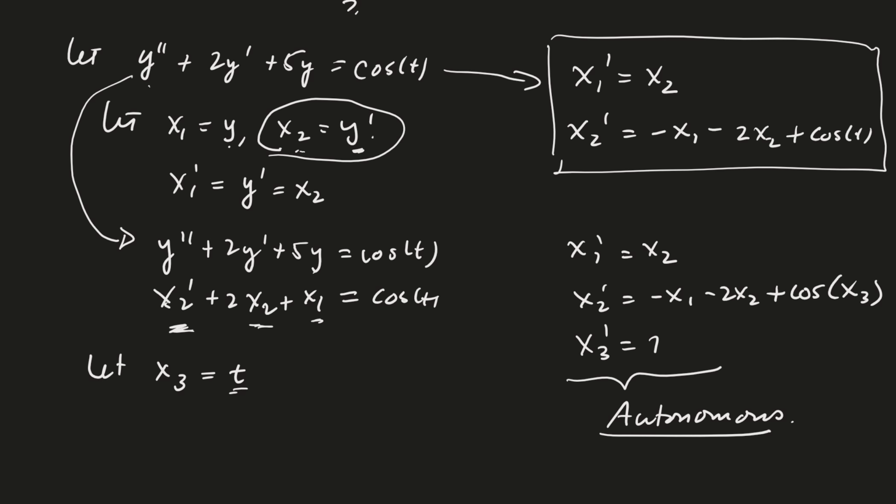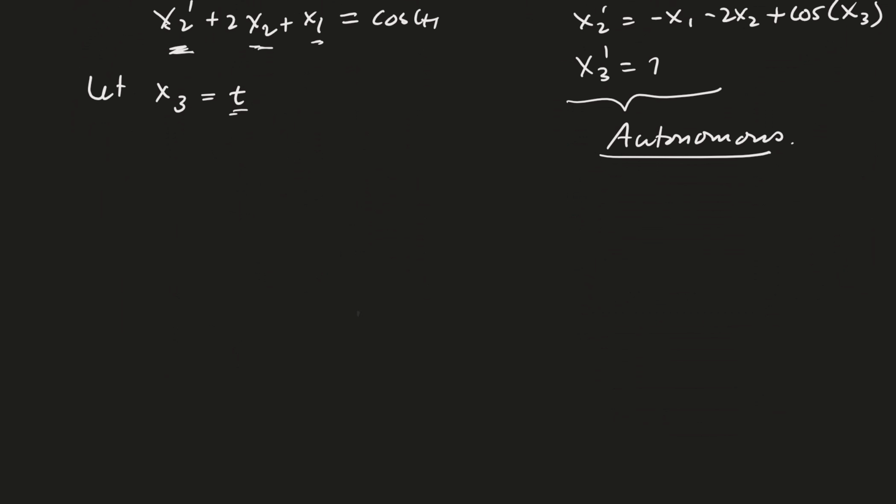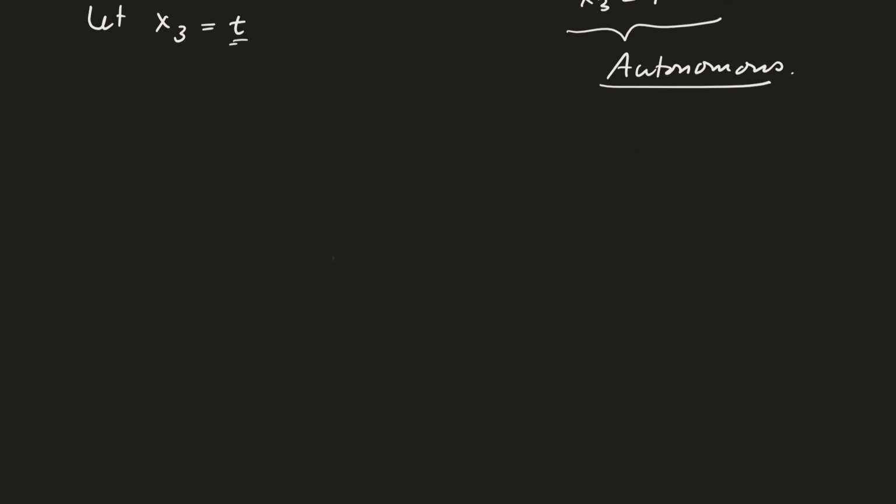Okay, so how about maybe before I leave this, how about let y triple prime plus y prime plus y double prime times cosine of t, I'm not very random today, equals 0.